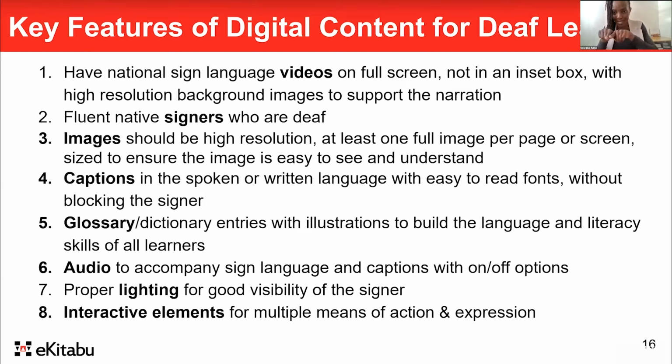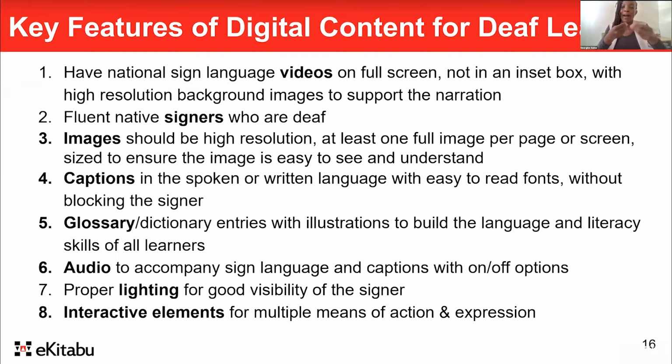So we need to make the signer full screen and not a bottom insert. This approach is what is recommended, especially for early grade learners. This is because the hands of the signer need to be very visible, so it's easy for them to follow.